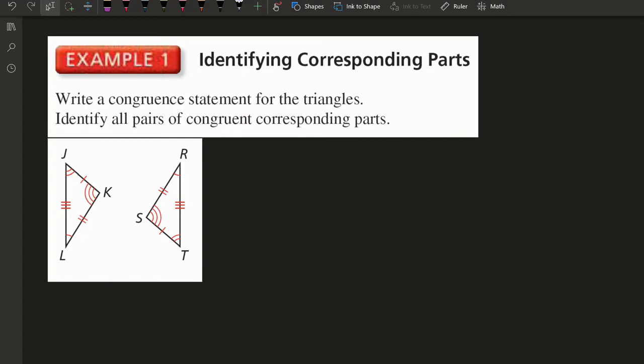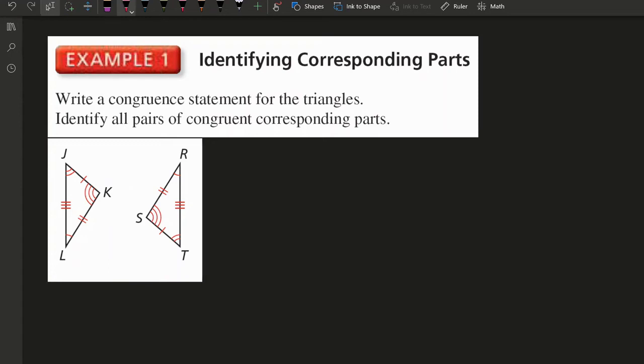Now, one of the things you might notice about this is that I do have two congruent triangles, but they're oriented in a different direction. So that doesn't affect their corresponding parts, but in this case, the top angle does not correspond to the other top angle. So I have to keep in mind which one's corresponding to which.